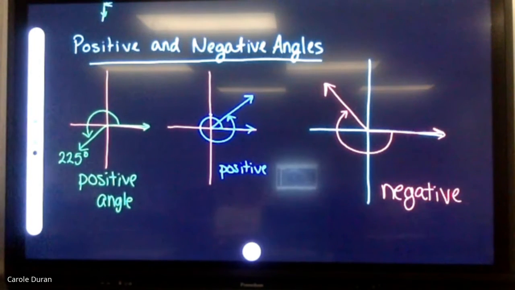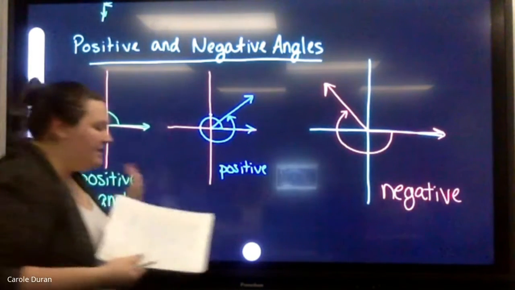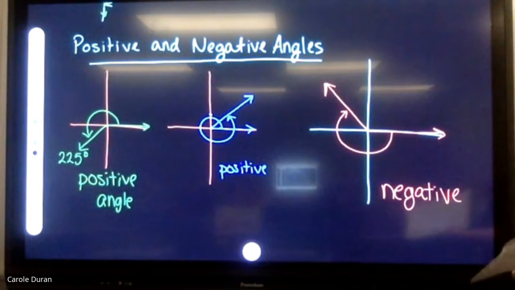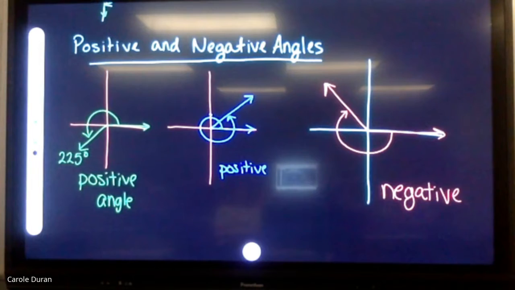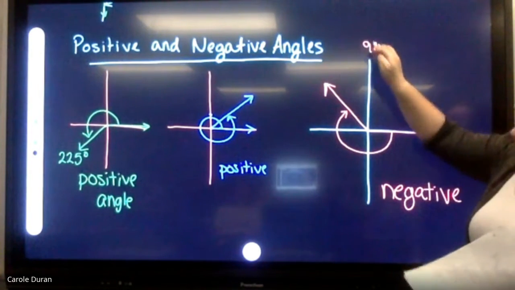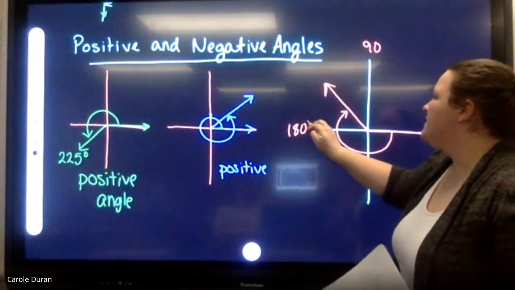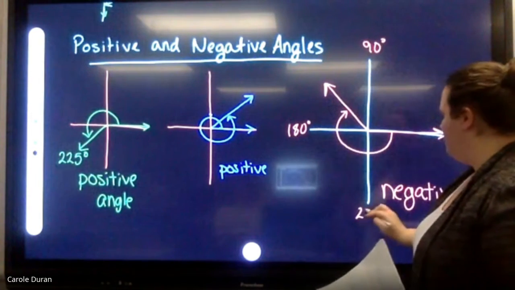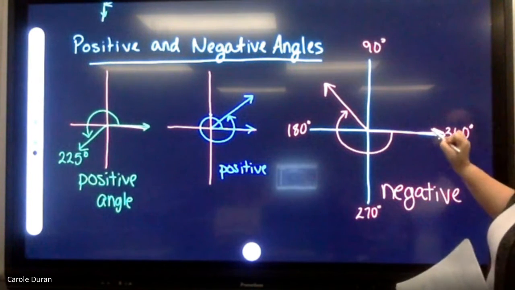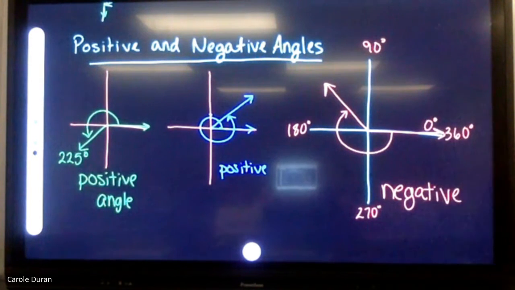So then each of these angles can not only be defined as a positive or a negative, but we can actually measure it as well. So for these, we would have to approximate because we don't really have a compass in front of us to figure it out, or a protractor. But we know that each of these is a 90-degree difference. And we know that a full circle is 360 degrees, right?